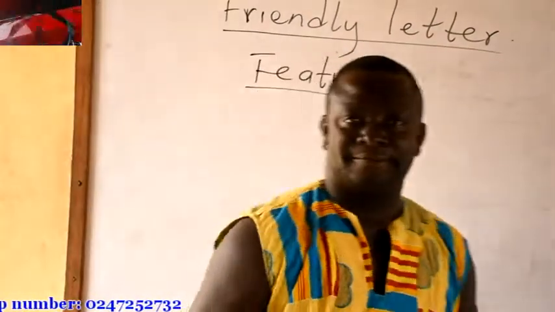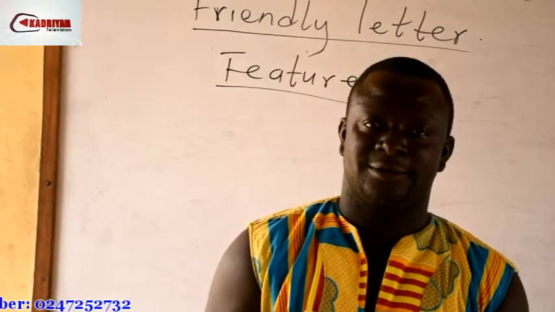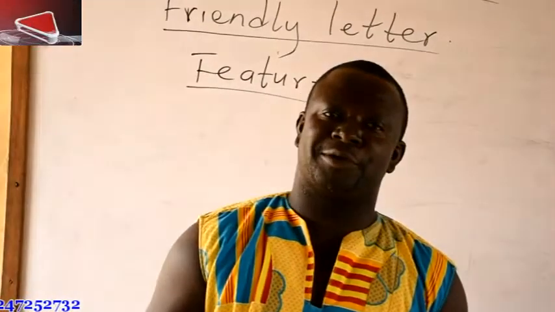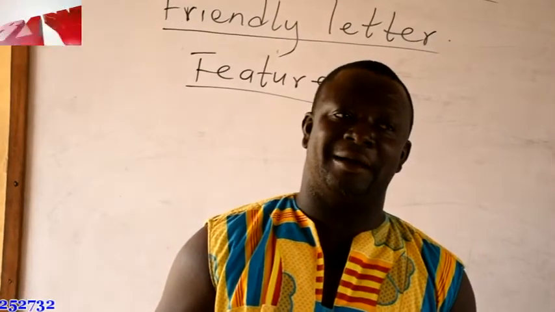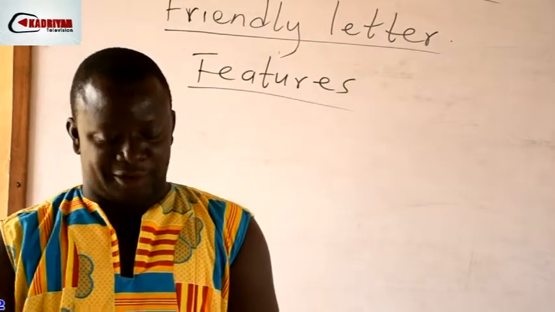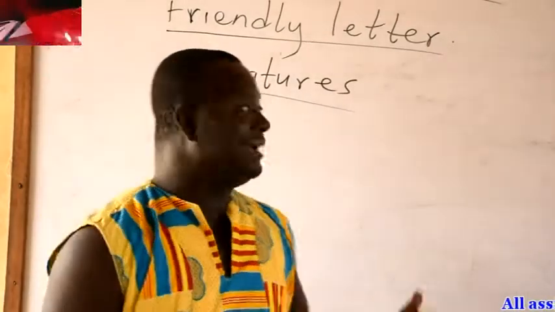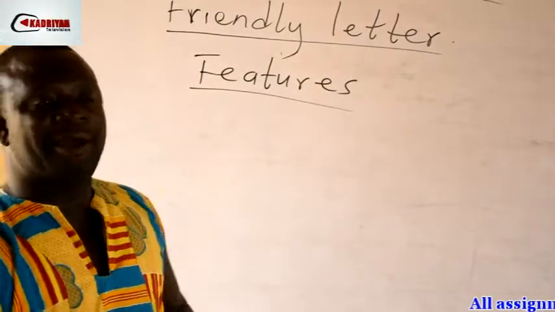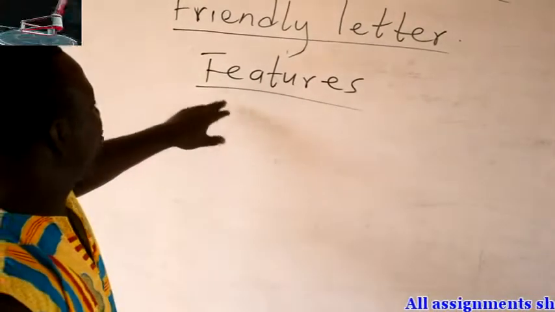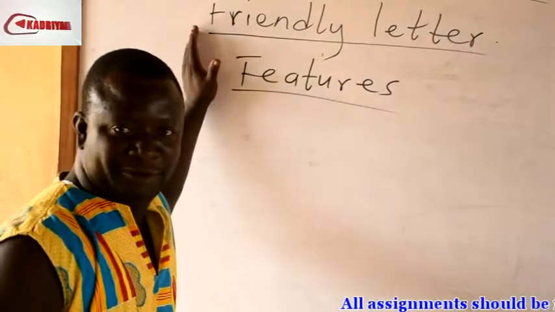It is like preparing soup. You have to get some ingredients. You are going to prepare, let's say, light soup. You have to get onion, you have to get tomatoes, you have to get pepper and those. It is like this. So friendly letter, we have the features, the things, the ingredients that we are going to use to prepare this, let's say, our soup.